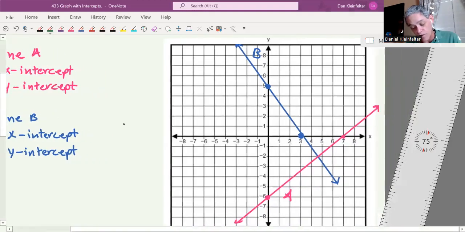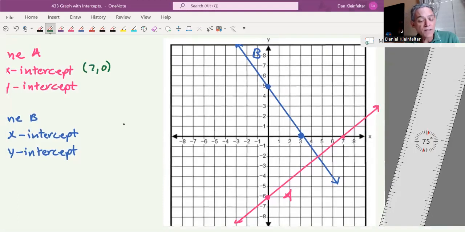And that is over here at the point 7, 0. When x is 7, y is 0, that is the x-intercept for the pink line. The y-intercept is at the point 0, -6. That's the point where the pink line intercepts the y-axis.